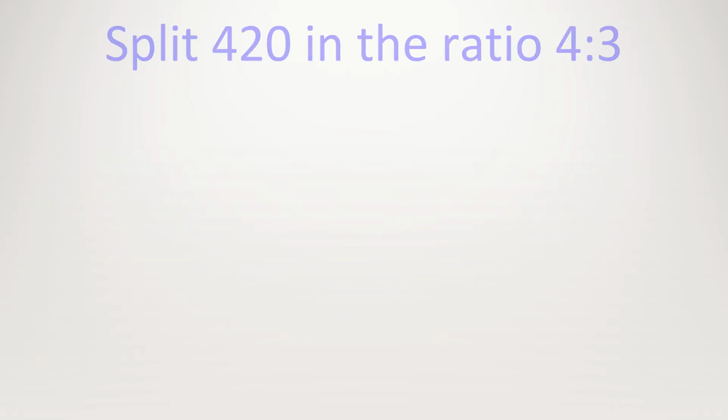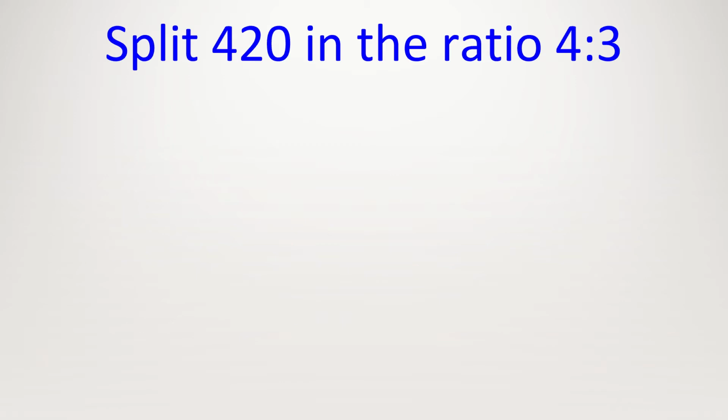Next question, try this one by yourself. Split 420 in the ratio 4:3. I will give you 10 seconds. It is the same method. First thing, you do 4 plus 3, which is 7. This is the fake total. The real total is 420.